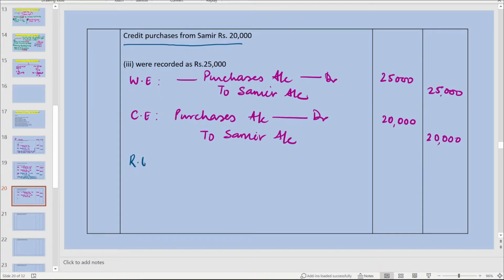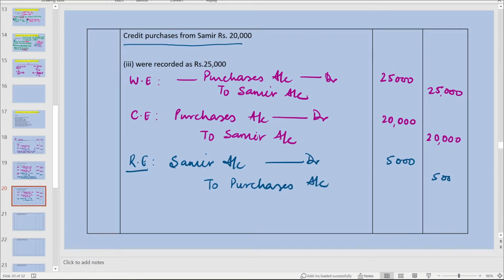So how am I going to rectify? My rectification entry here is, now this is more, so I would reverse it to nullify the effect of that 5,000. So I will say Samir account debit to purchases by 5,000 only.